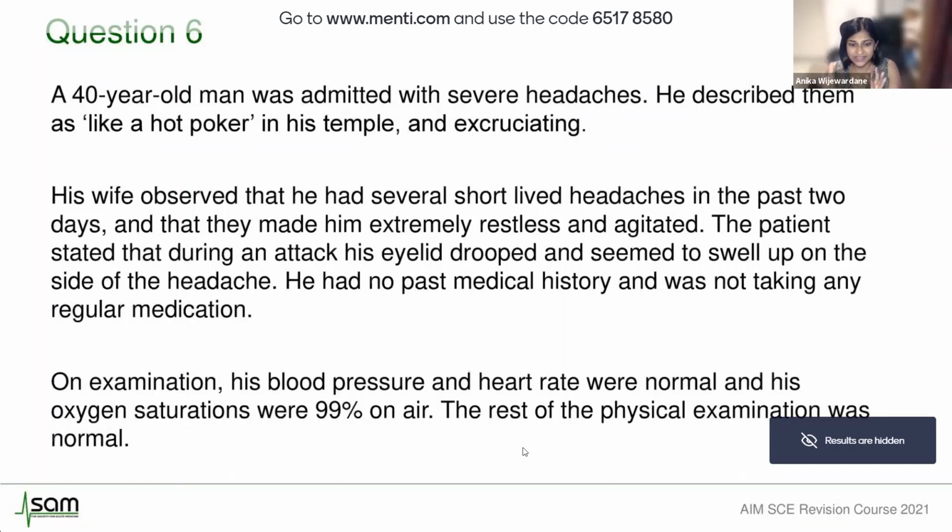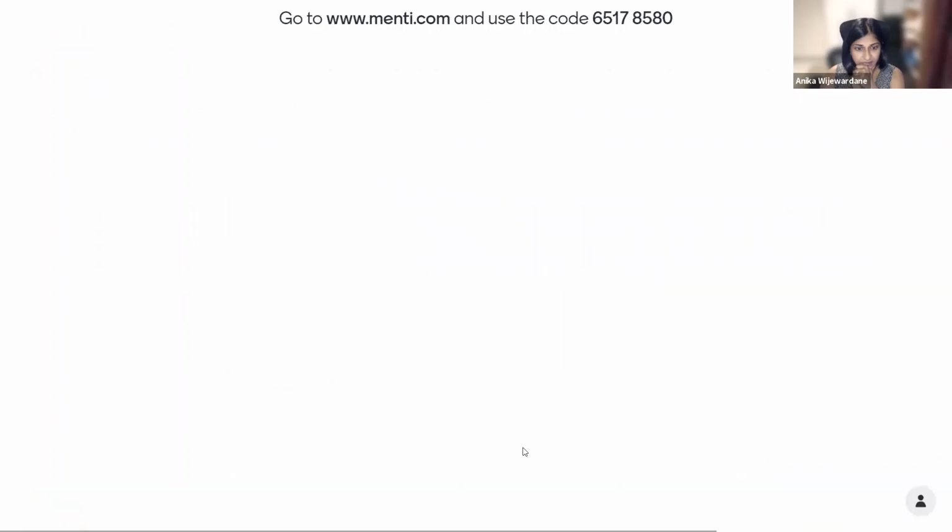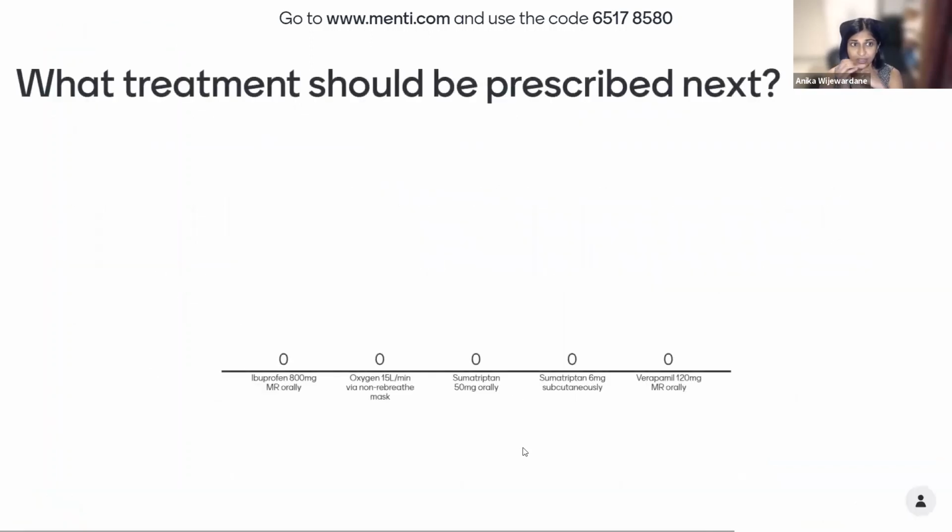And over the last couple of days, he's had sort of a cluster of them. And the rest of his examination was normal. And what treatment should be prescribed next?